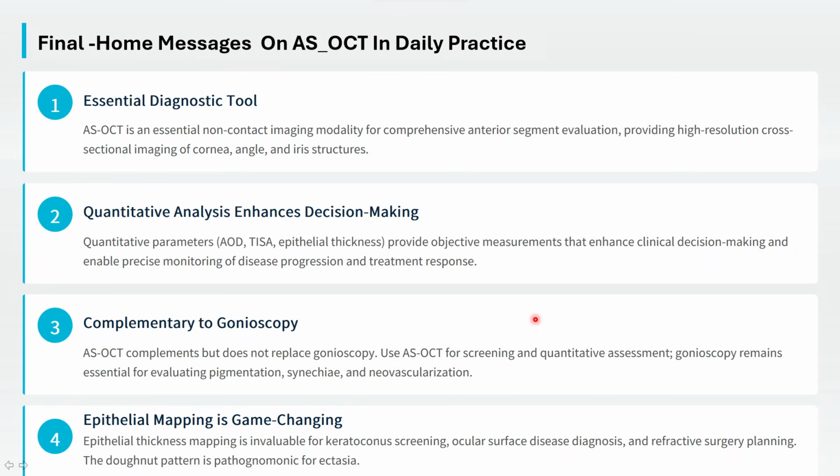This is the gold standard for glaucoma assessment, especially the angle. It is much superior to traditional gonioscopy. Also, it is the gold standard for any epithelial mapping, and this is the new trend nowadays for any ectasia screening.